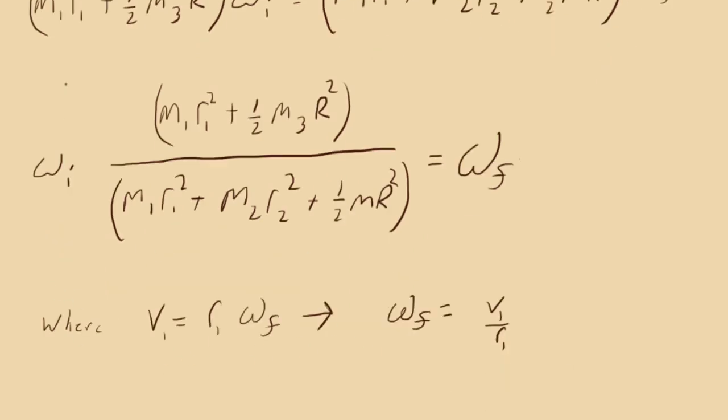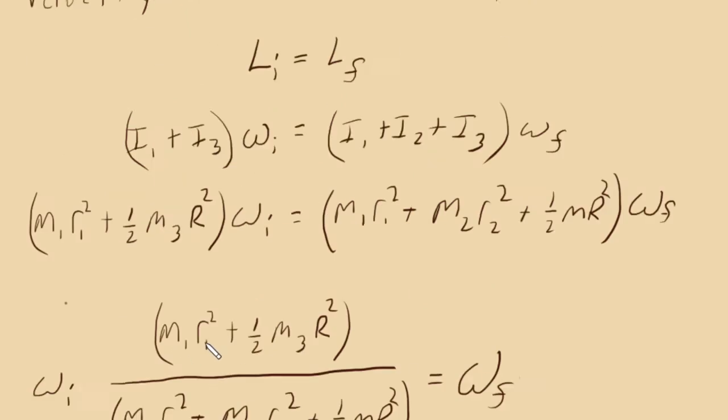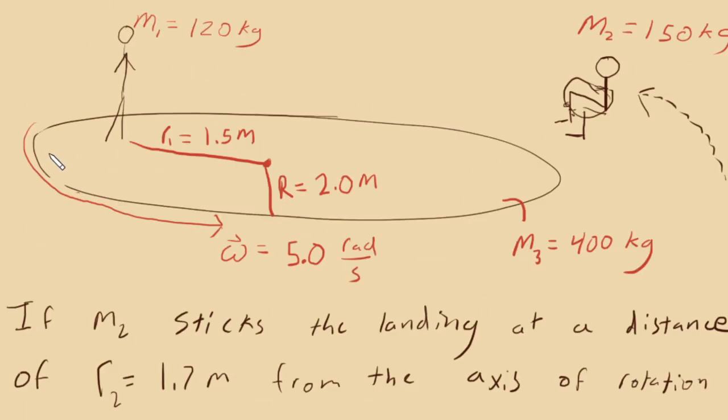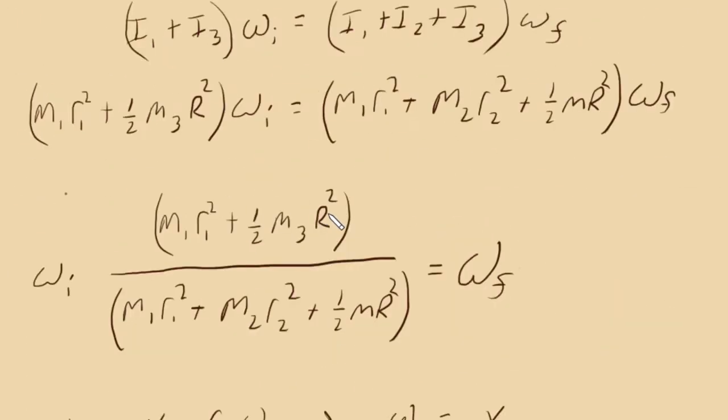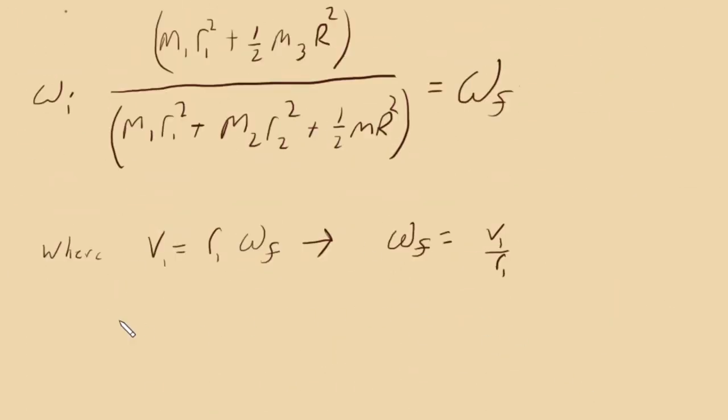And since we're not actually interested in solving for the final angular velocity, what we're interested in is finding the tangential velocity of person 1, how they're moving. If, let's say, they slid off this merry-go-round, how fast they would be going, their tangential velocity. So as we've seen before, our tangential velocity is just the radius of whatever point we're interested in.